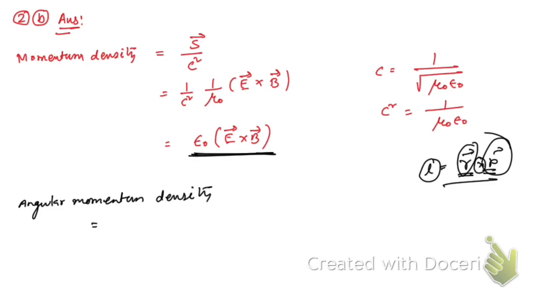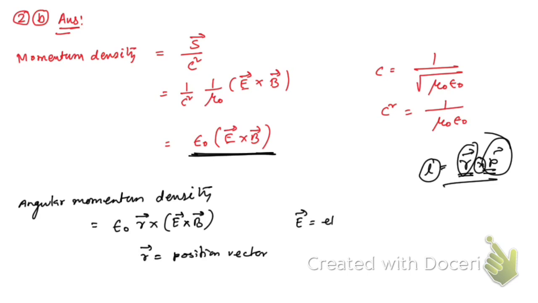Linear momentum density is this one, so we can write epsilon naught r cross E cross B, right? r is the position vector, E is the electric field here, B is the magnetic field. Hope you know these things, right?